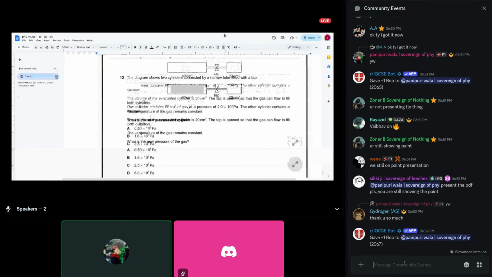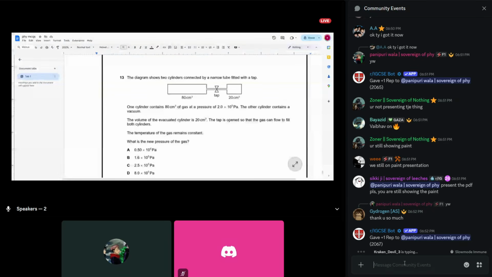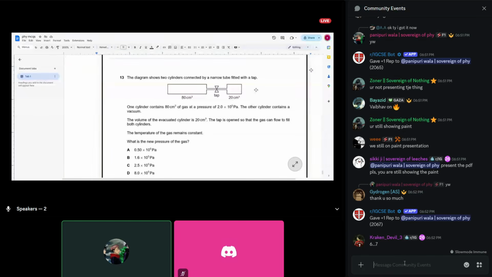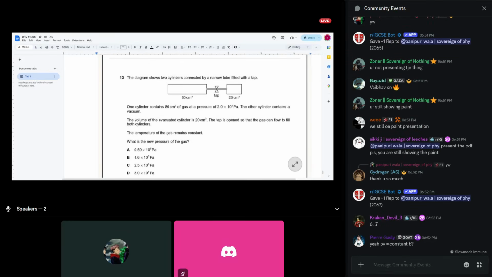That's the only mistake somebody will make here. So P1 V1 is P2 V2. The initial constant is 16 into 10 power 6, so 1.6 into 10 power 7.